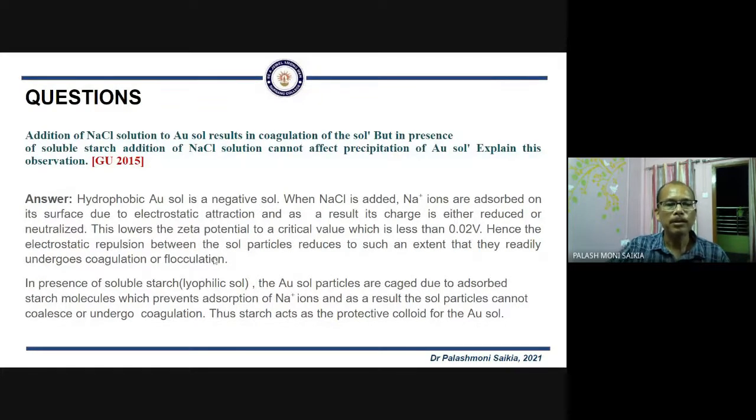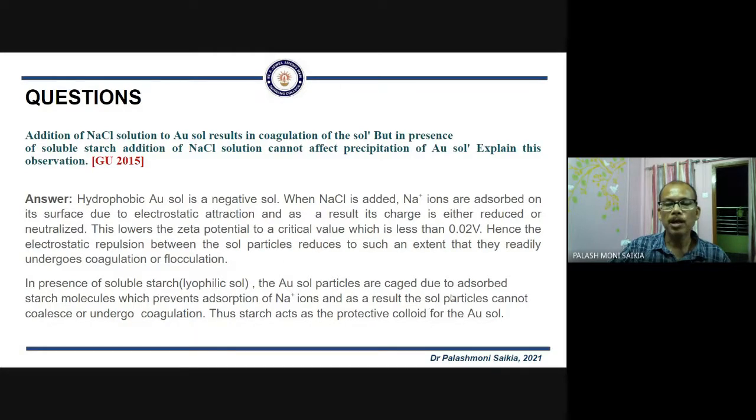Now, the second part. When we add starch, starch is a lyophilic sol, so that is the protection role. So for gold sol in presence of starch, what will happen? The starch molecules will case the gold sol. They will be absorbed over the gold sol. They will case it, and they will prevent absorption of sodium ions. Sodium ions will no longer be absorbed.